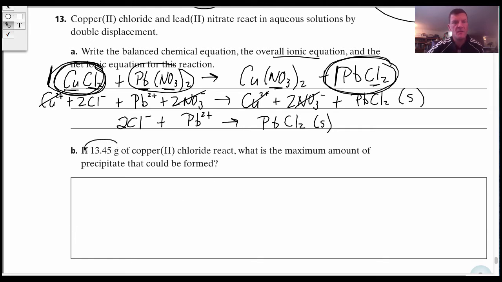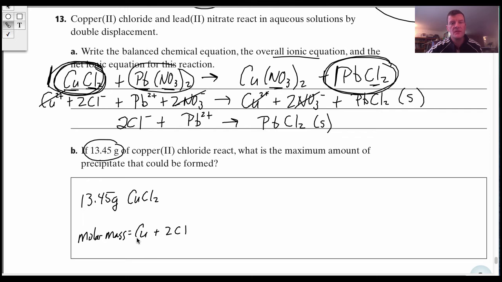So let's just find out how many moles this is. 13.45 grams of copper 2 chloride. Well, I have to look on the periodic table and find the molar mass of copper, and then add that to the molar mass of 2 chlorides. I don't have to do this for you.